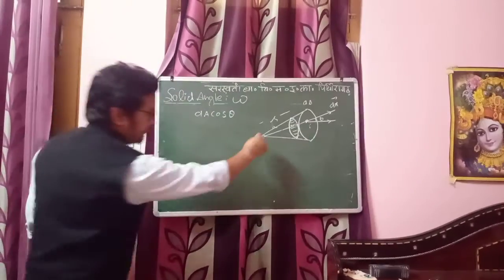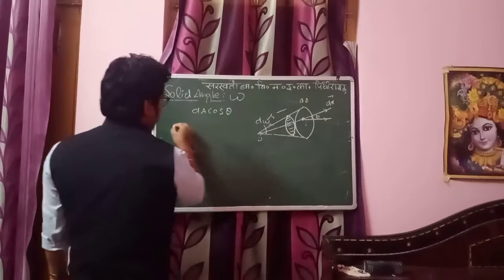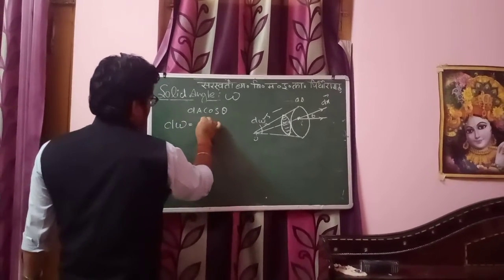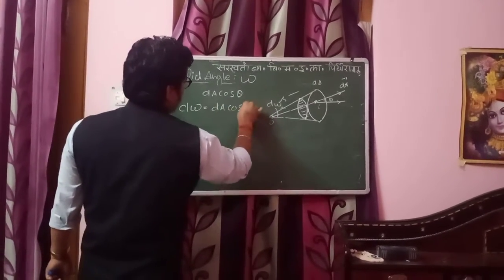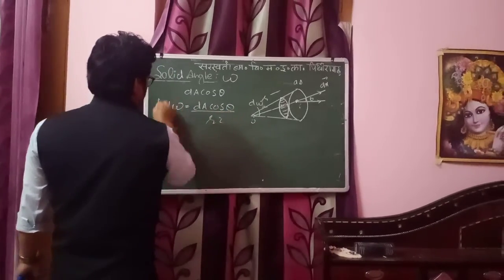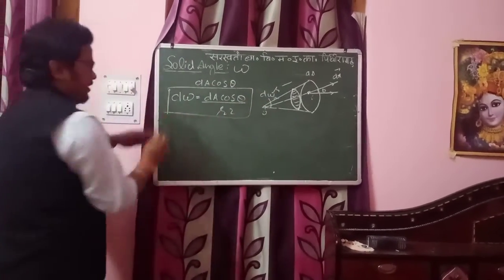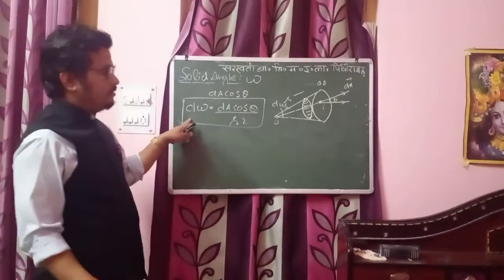In that case, the value of d omega equals dA cos theta upon R square. That is an important formula for Gauss's theorem.